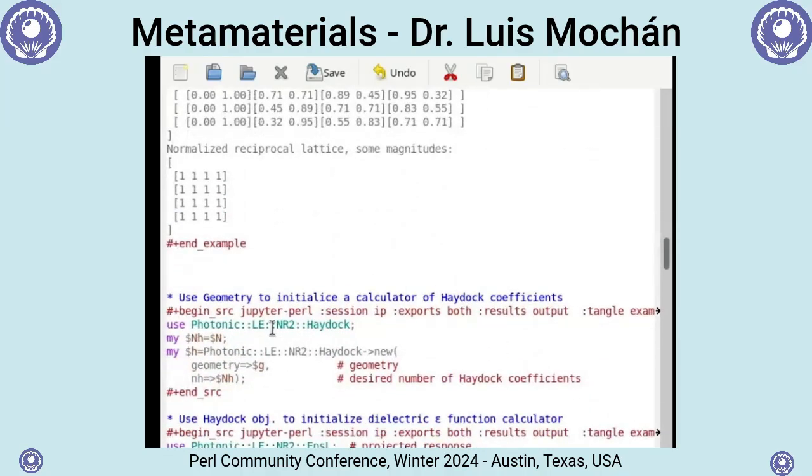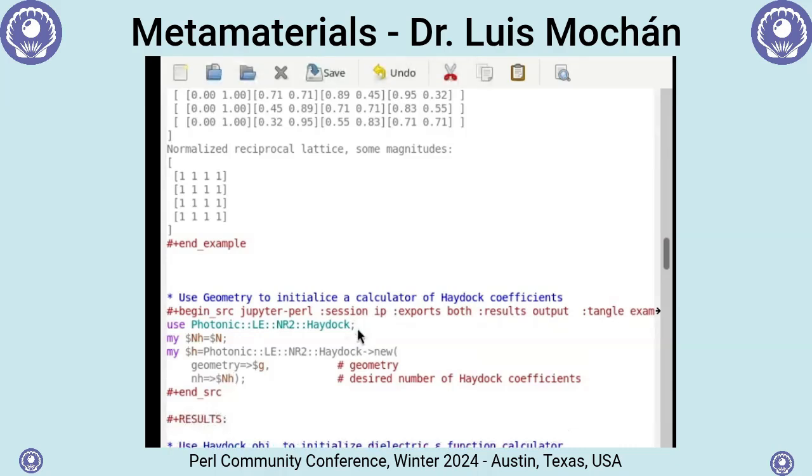So once I have a geometry, I can use that geometry to initialize an object that computes the Haydock coefficients. So here I just use the geometry and the maximum number of Haydock coefficients I want to use.